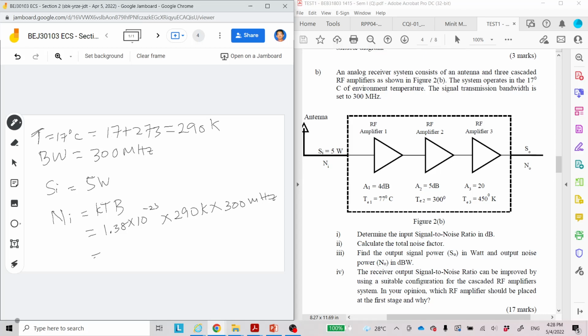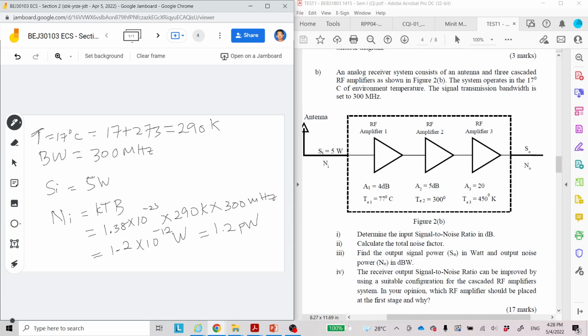So you will get this equal to... you can try this. So I get this one around 1.2 picowatt. Okay, 1.2 times 10 power of minus 12 watt. Try to use your calculator.